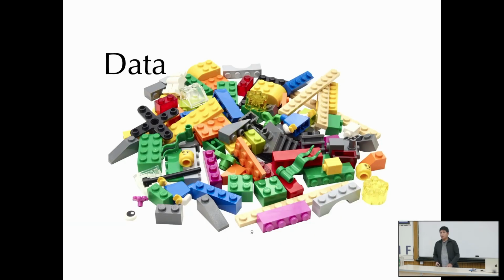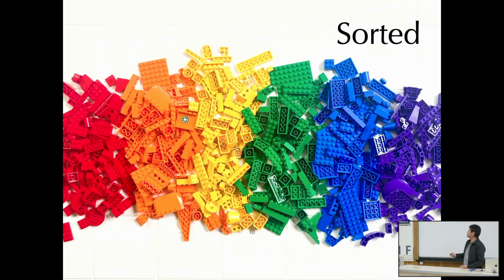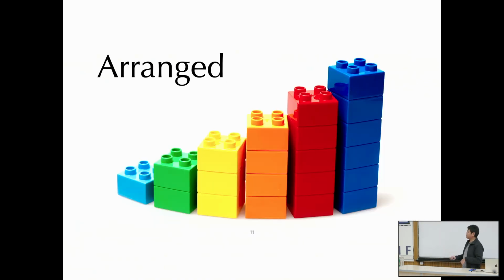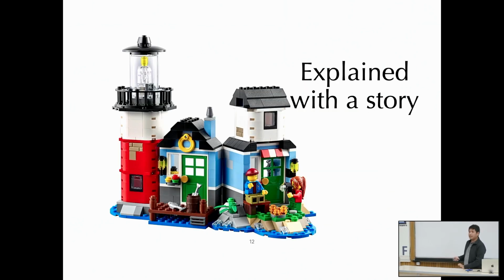So how can we visualize data? Usually we start like this: you have raw data without meaning. Then we need to sort the data. Now we start to do something. We have to arrange the data. And finally, we can explain a history with the data.